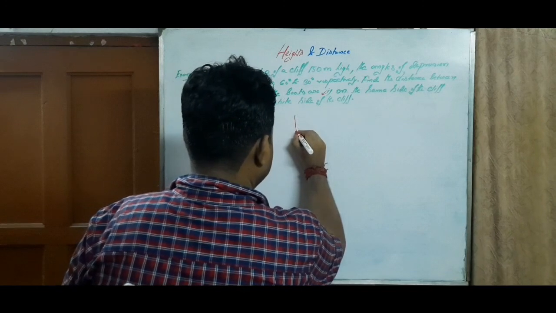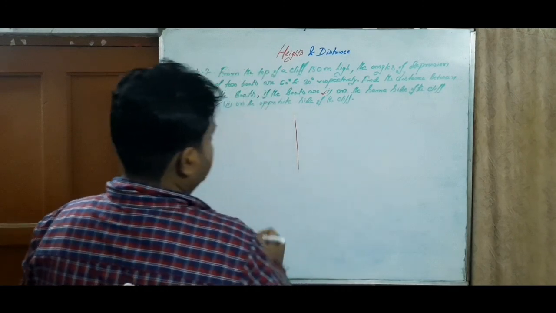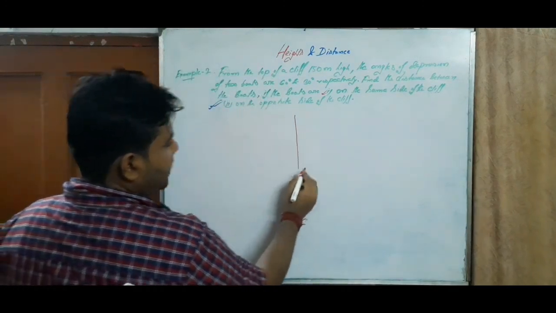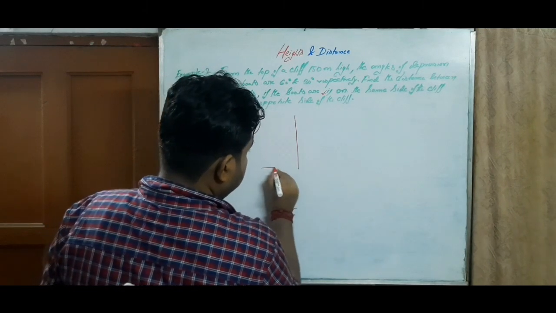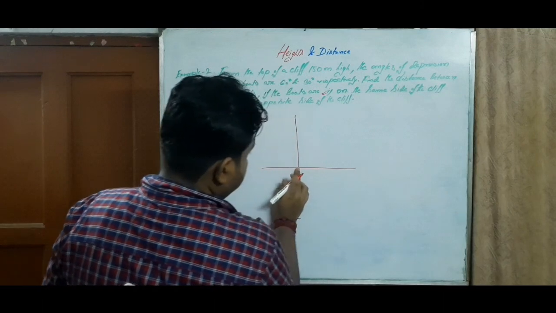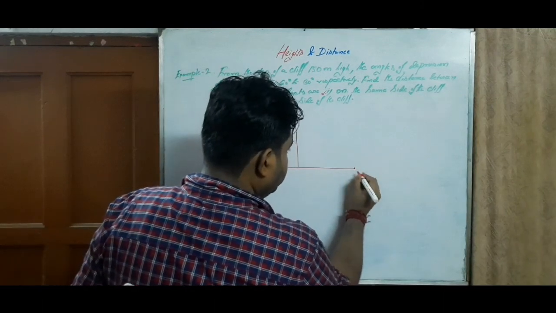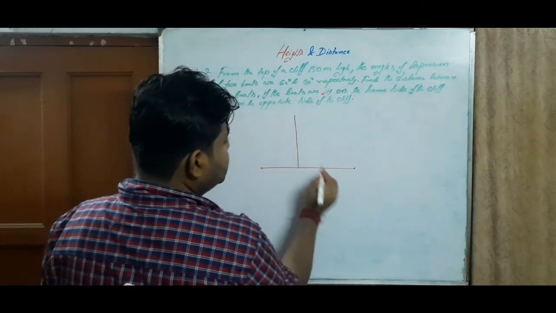Suppose this is the cliff, okay, and the two boats are on the opposite side. So this is the base or foot of the cliff. Now this is the horizontal plane. So I can place one boat over here and the other over here.